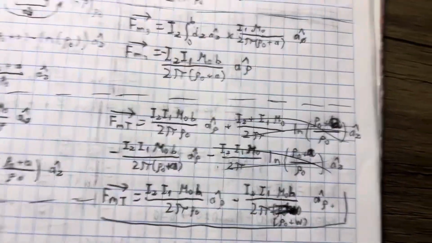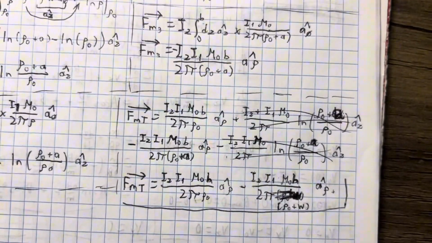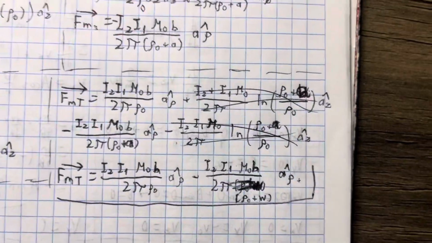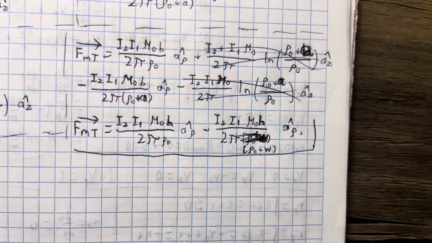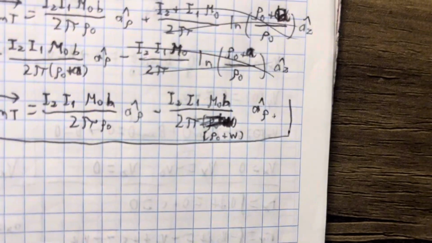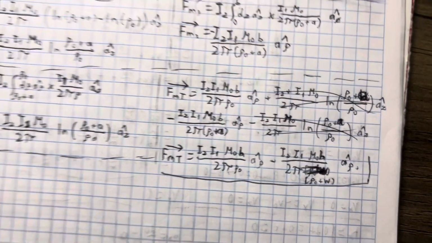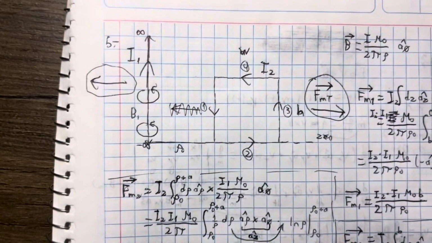When performing the final sum for the net force, we can cancel out these two forces because this is the same as this but negative, so those two cancel out, and we just stay with the force in segment number 1 and segment number 3, because the rho's are different, and that's it.